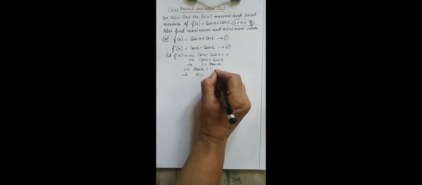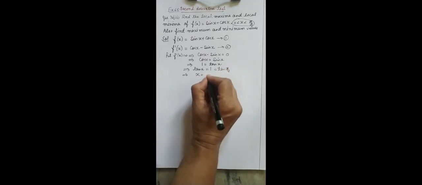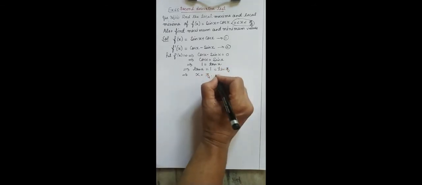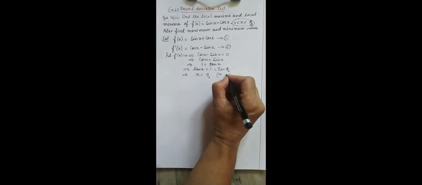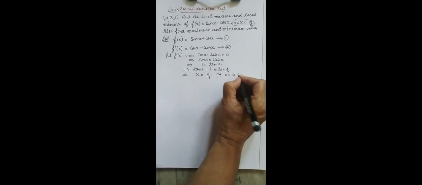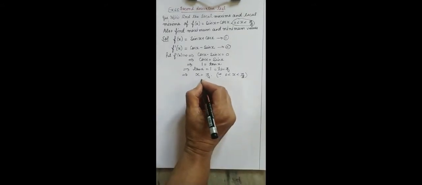So I will be getting only one value of x, and that is pi by 4, because 0 is less than x is less than pi by 2. So no need of considering the value that lies in the third quadrant. Right. Now I have obtained the value of x; this is my critical point.